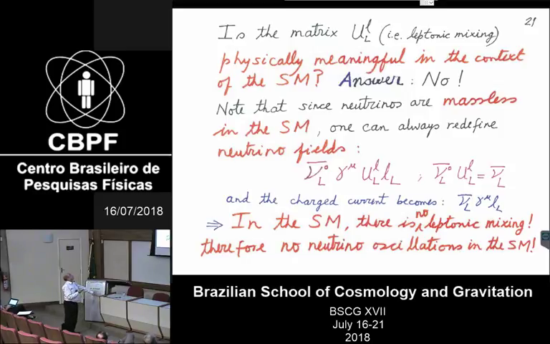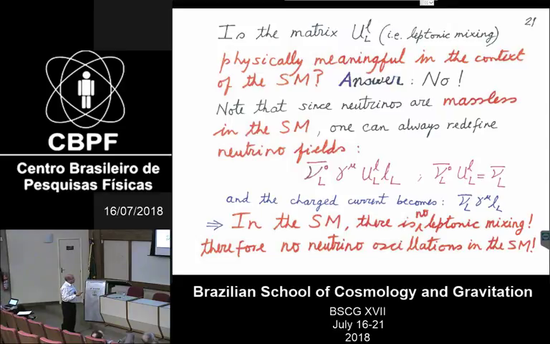So you may ask, is the matrix UL that diagonalizes the charged leptons physically meaningful in the context of the standard model? The answer is no. Since neutrinos are massless in the standard model, one can always redefine the neutrino fields. You have this initially because of the diagonalization of charged leptons, but you can always redefine neutrinos because they are massless, into the ones that you want.